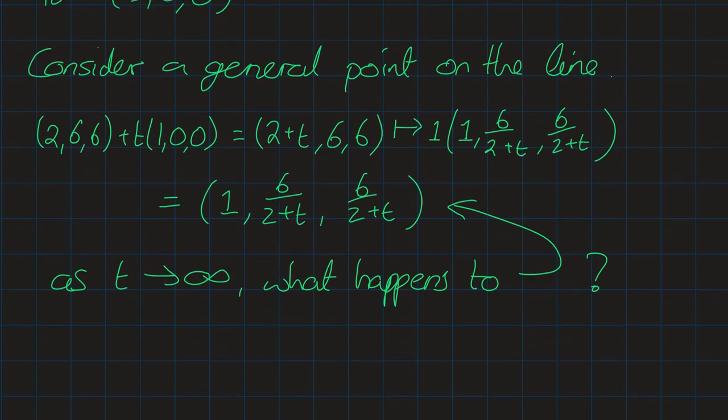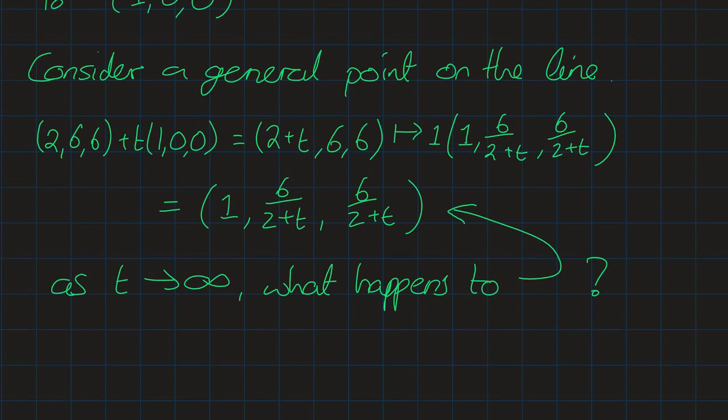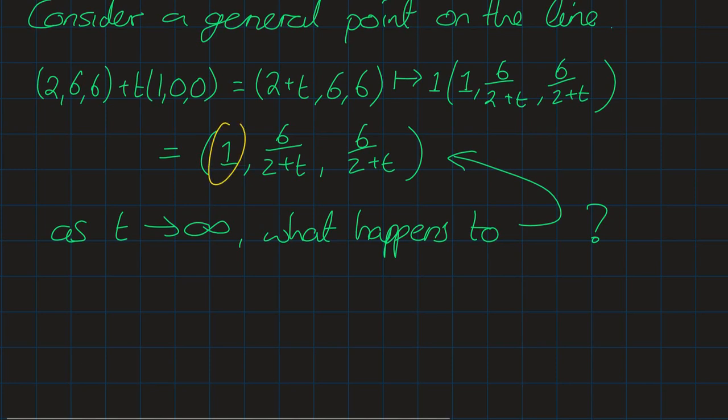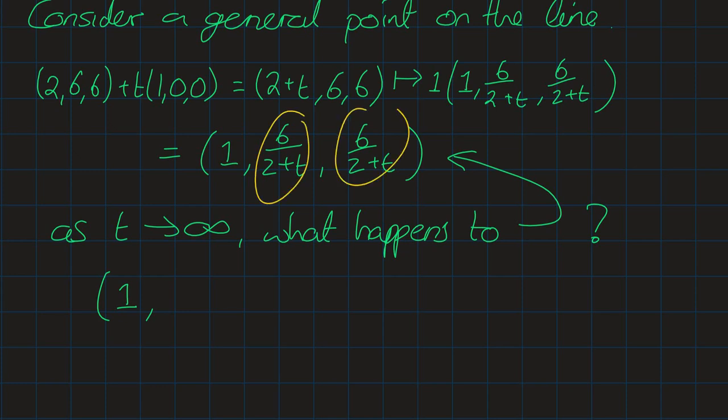Well, let's think about this. As t gets really, really big, the first coordinate's not going to change at all because there's no t in this coordinate. So the 1 is going to stay the 1. But this coordinate and this coordinate, what do? Well, the numerators stay the same. The numerators are 6 in either case. But the denominator is 2 plus t, and as t gets big, this is going to get really, really big.